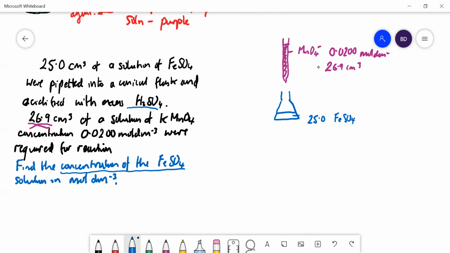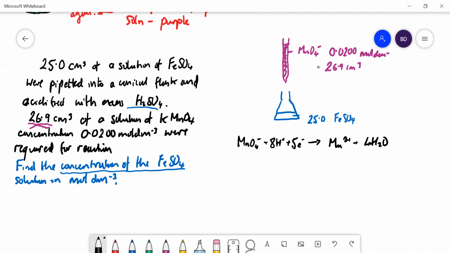So we need to just very quickly write down the two half equations. Well, the manganate is MnO4− + 8H+ + 5e− goes to Mn2+ and 4H2O.